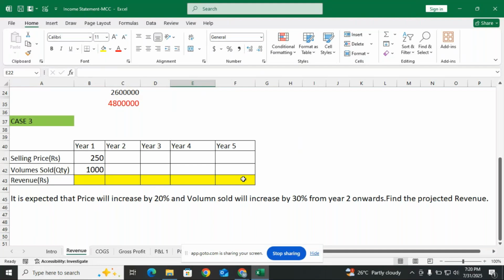So now if I ask you, the price will increase by 20%. Now 250 is the current selling price, right, for year 1. Now for year 2, if the price is increasing by 20%, how do you calculate that increased price according to you? Later on I will do the corrections, but as per you, how will you calculate that increase in price? What idea do you have to do that?